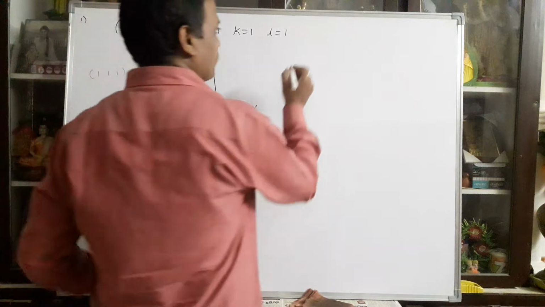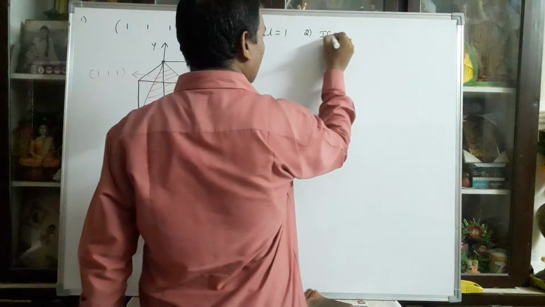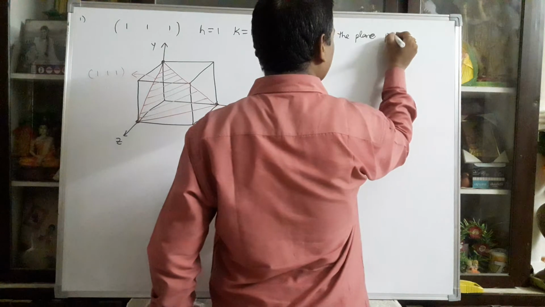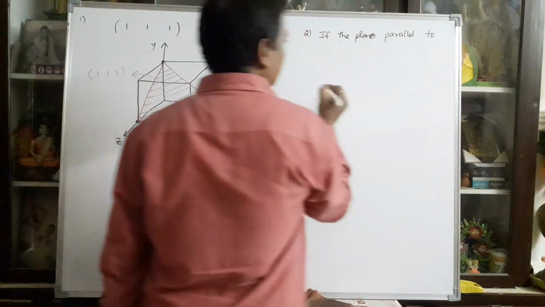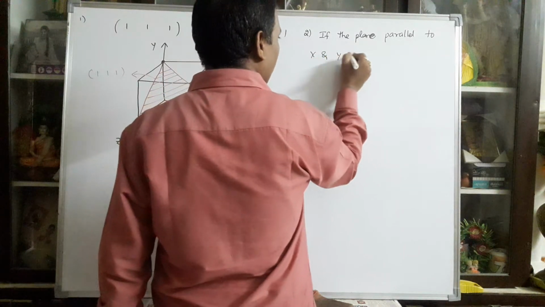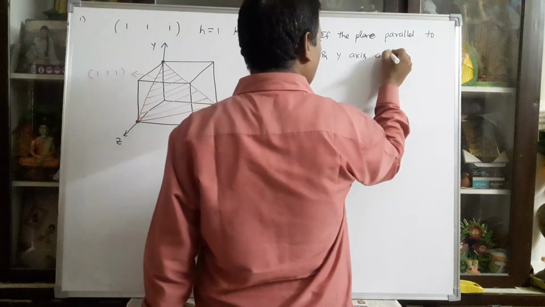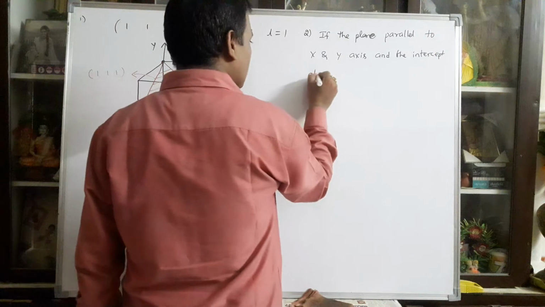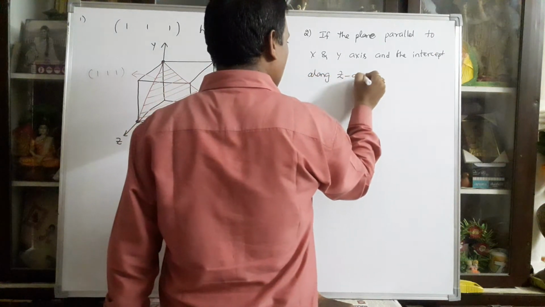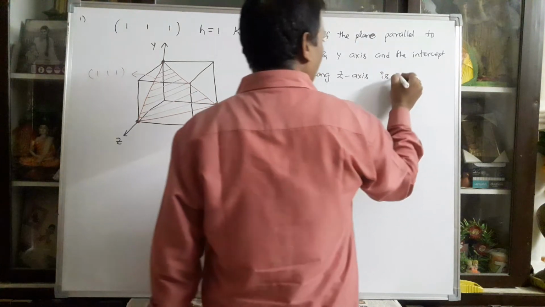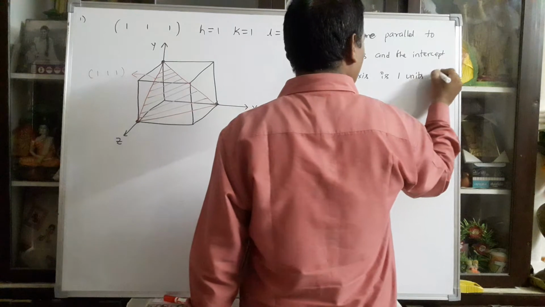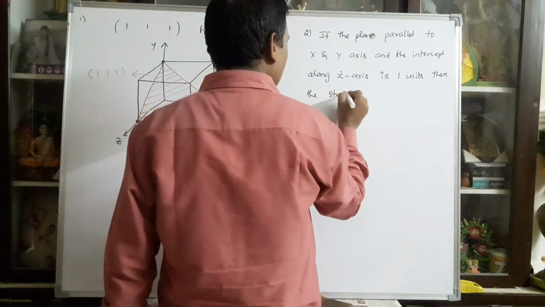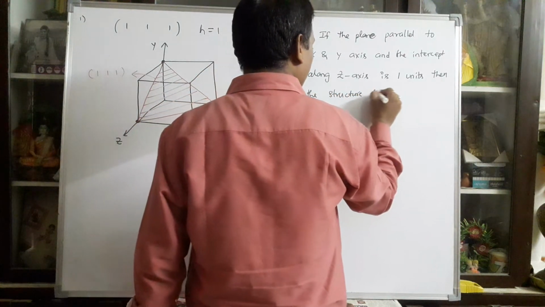After that, you can take one more example. If the plane is parallel to the x and y axis and the intercept along the z axis is 1 unit, then what is the structure of the plane?